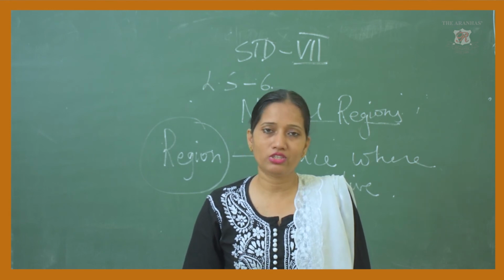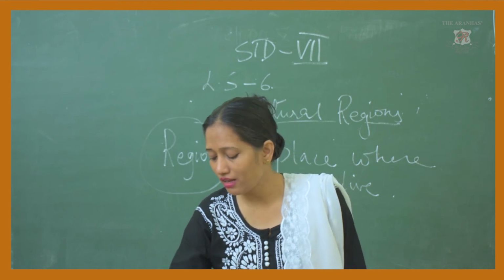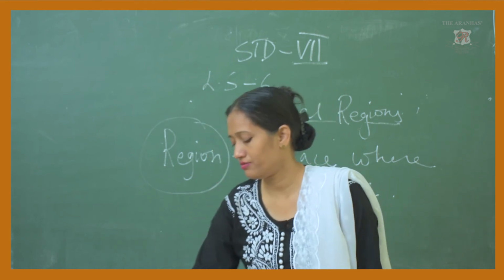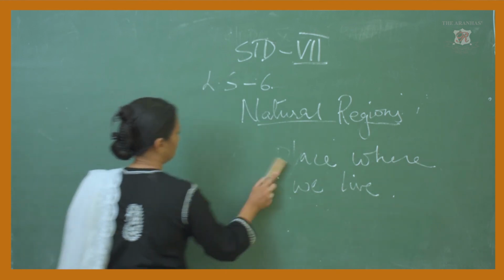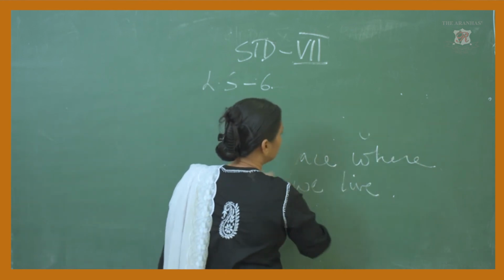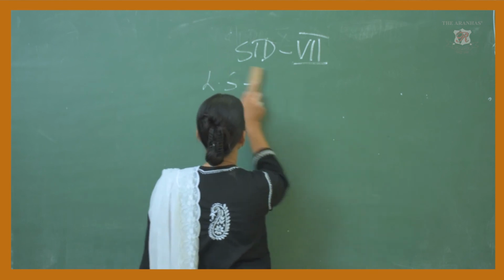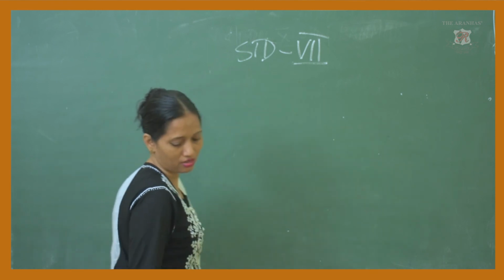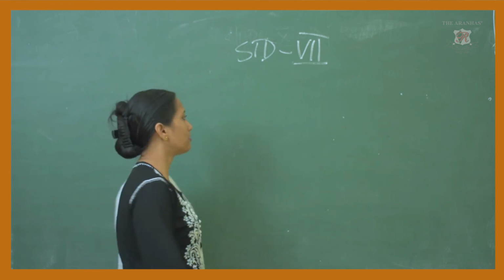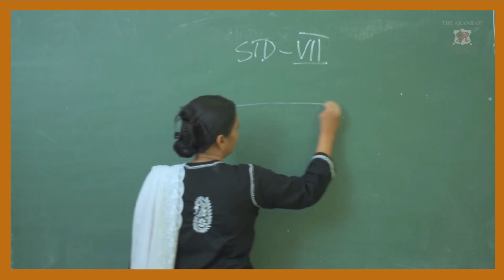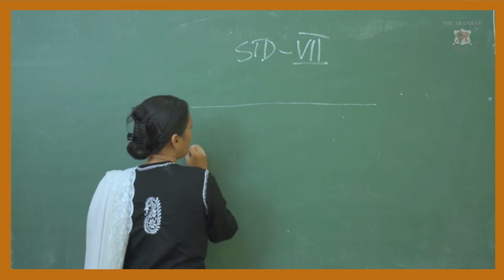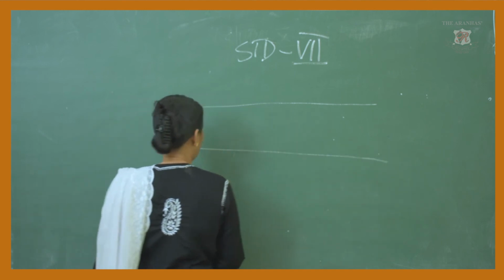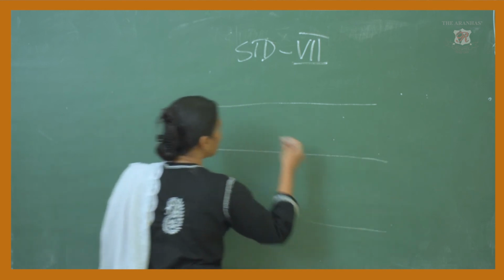Here again, I'm just drawing this. These are latitudes and longitudes, and then we have the Tropic of Cancer.